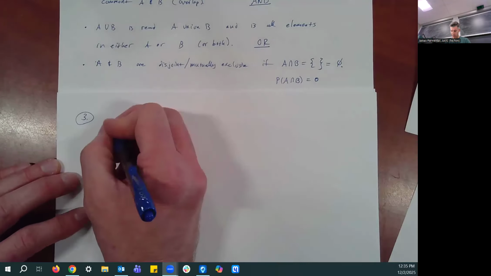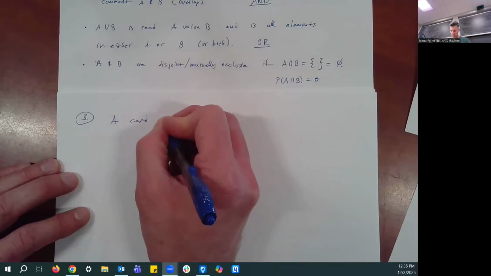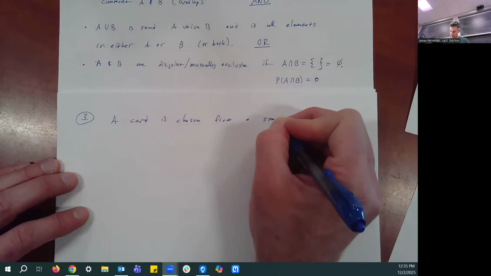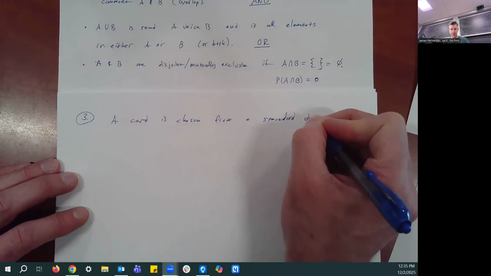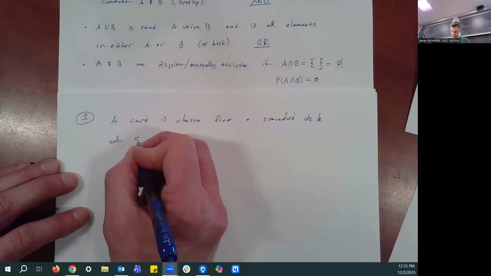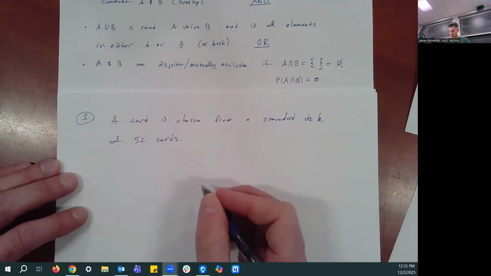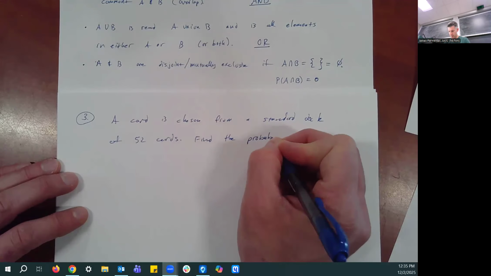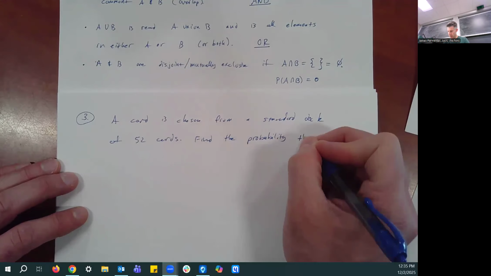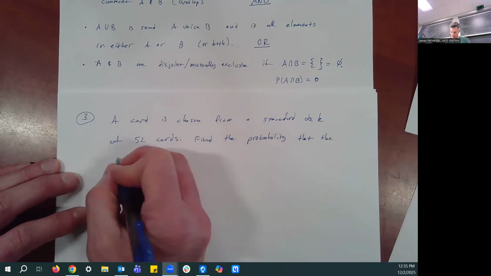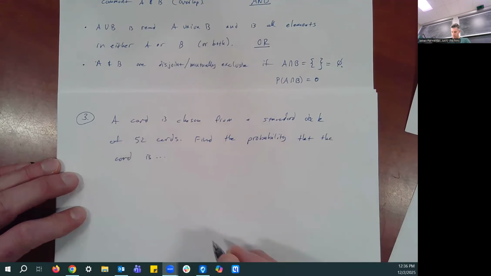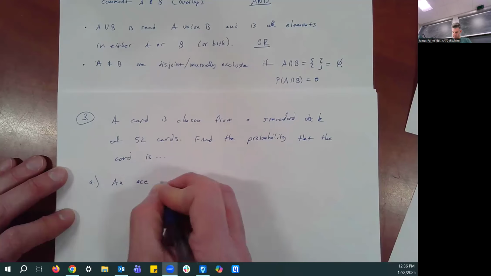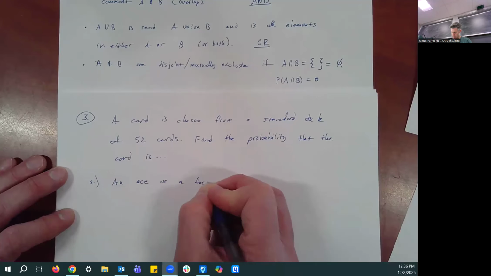A single card is chosen from a standard deck of 52 cards. Find the probability that the card is, in this first question, an ace or a face.